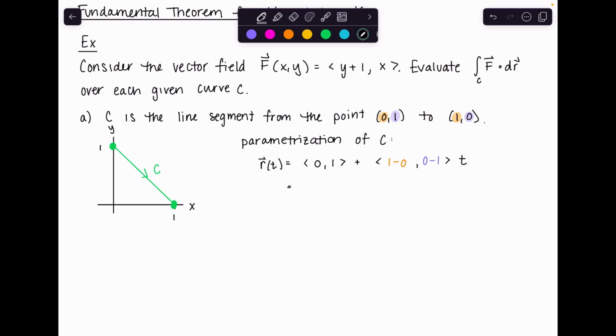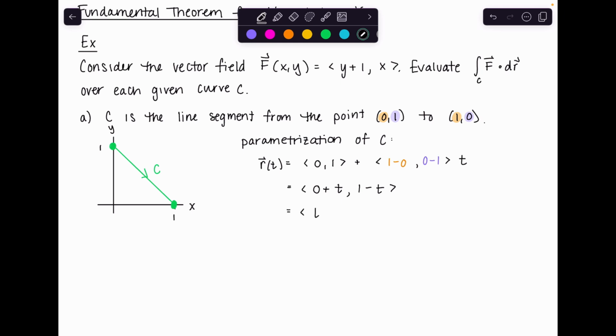Okay, so we can condense this now to a single vector. Looking in the x component, that's 0, and that's 1t, so this would be 0 plus t in the first piece. And then in the second, that's 1, and then minus 1t, so that's 1 minus t in the second component.